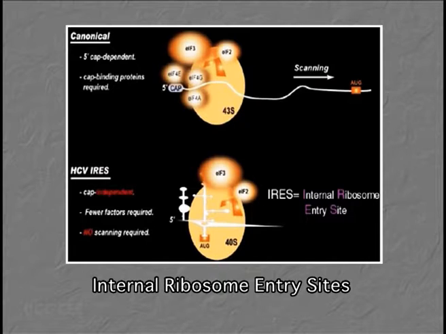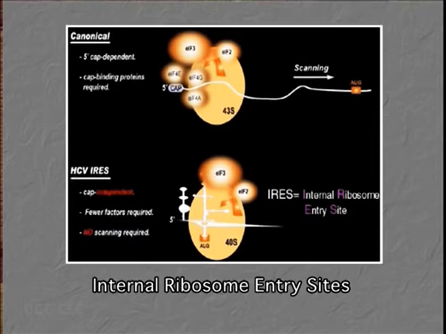The significance of the internal ribosome entry site is that generally the translation machinery is halted under stress, but if under stress conditions we really need certain important proteins to be translated, it is done with the help of these internal ribosome entry sites.